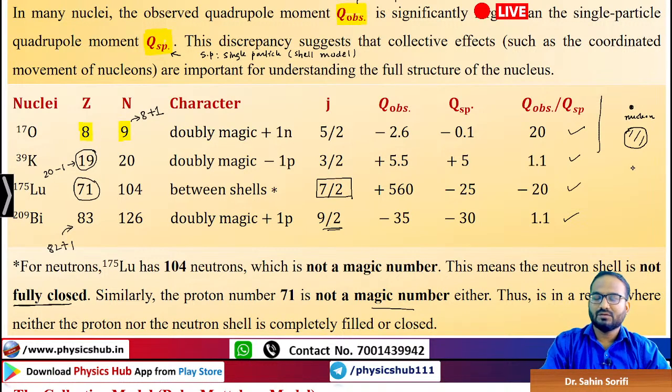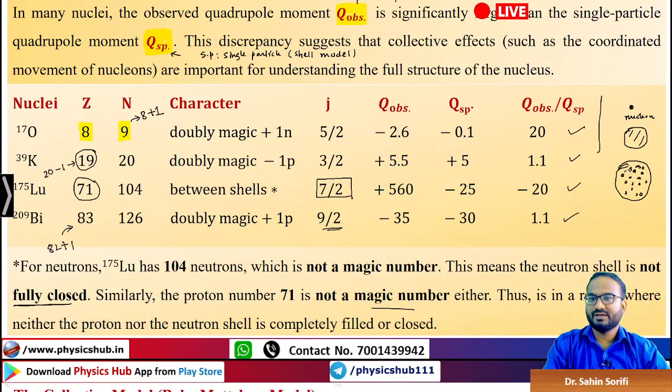A collective or coordinated movement of nucleons means that inside the nucleus all the nucleons' motion is to be looked at collectively. So they move freely in a coordinated way. That is what it is talking about.